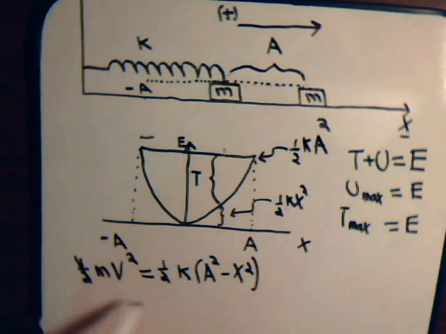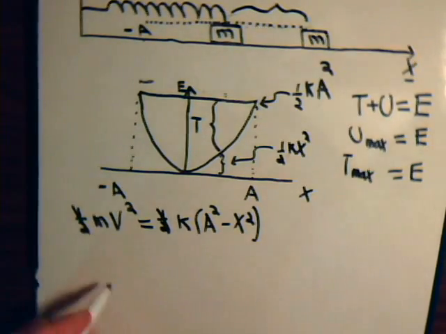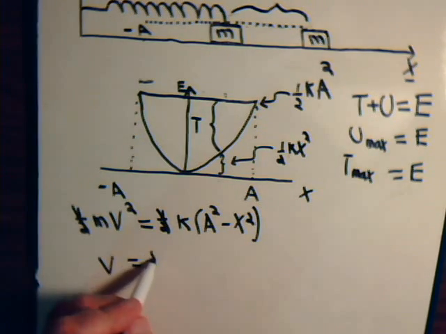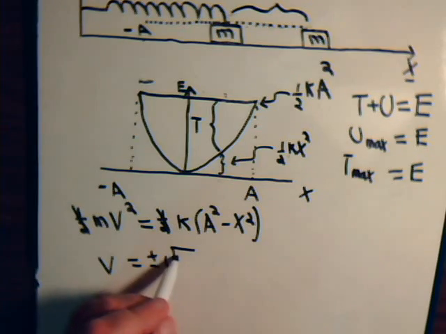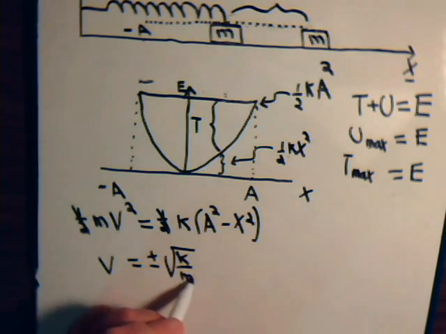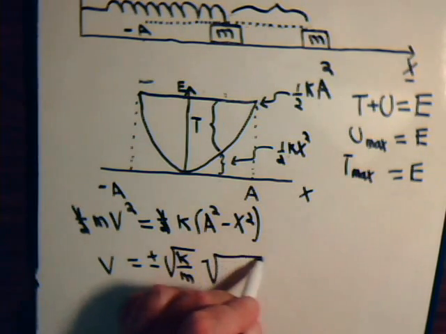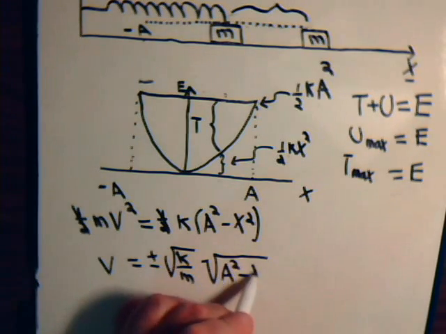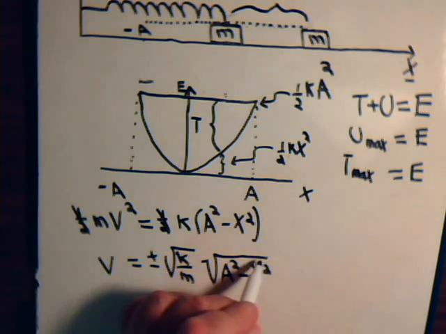So these will cross out, and we get that the velocity of the block will equal plus or minus the square root of k over m times the square root of A squared minus x squared.